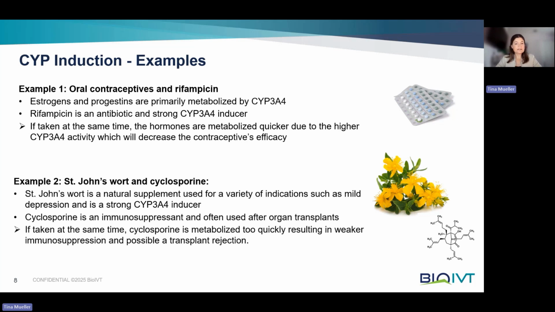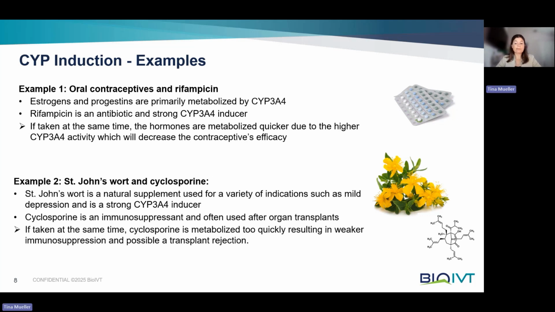Another example is St. John's wort, which is a natural supplement used for different indications, such as mild depression. The substance hyperforin in the plant is a strong CYP3A4 inducer, and as a result, St. John's wort is known to be causing DDI. One of these is with cyclosporin, which is an immunosuppressant and often given to organ transplant patients.